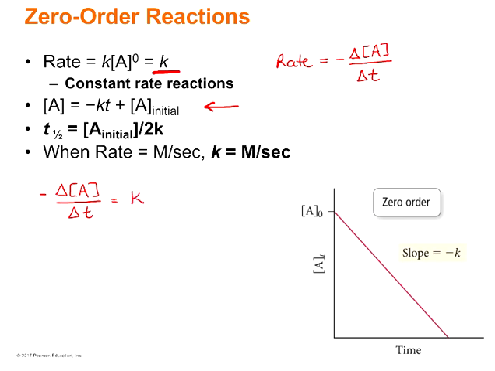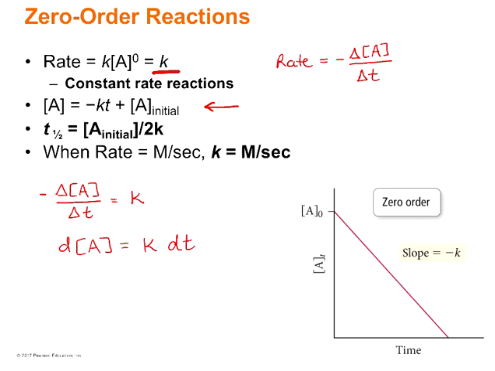All right, so in order to derive that expression we just went over, we need to integrate both sides of this equation. But I'm going to rewrite this as dA, so the change in the concentration of A, is equal to K times dt.